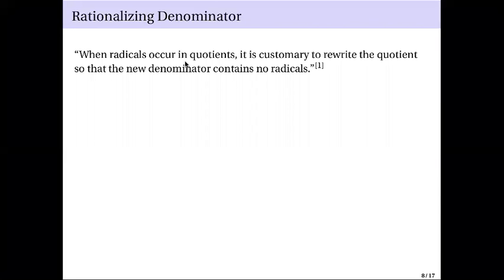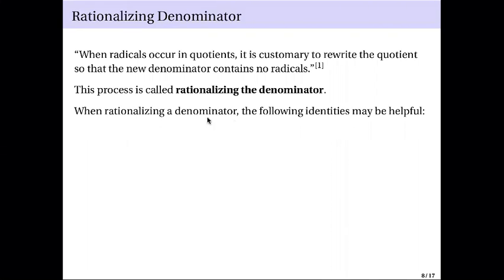So when radicals occur in quotients, it is customary to rewrite the quotient so that the new denominator contains no radicals. The process is called rationalizing the denominator. So meaning, if we have radical expressions in the denominator, we want to remove the radical signs, and the process we are doing is called rationalizing the denominator.